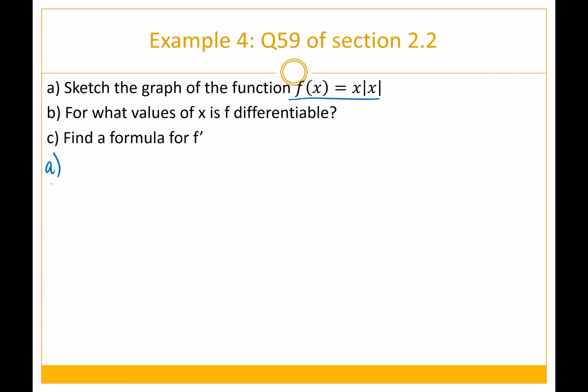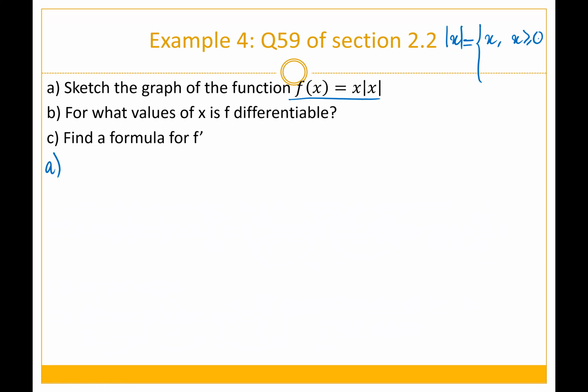Before we sketch the graph of the function, we need to know how this thing looks, because the thing that sticks with the absolute value is that we have the rule of absolute value. The absolute value of x, as we learned before, equals itself if the value is positive. The thing you know about absolute value is that it's always positive.